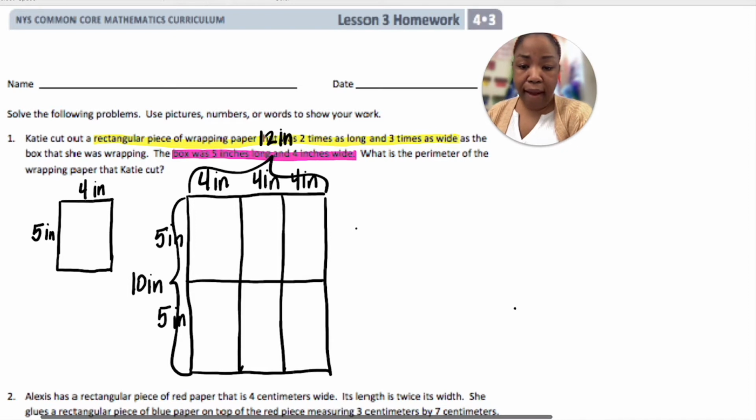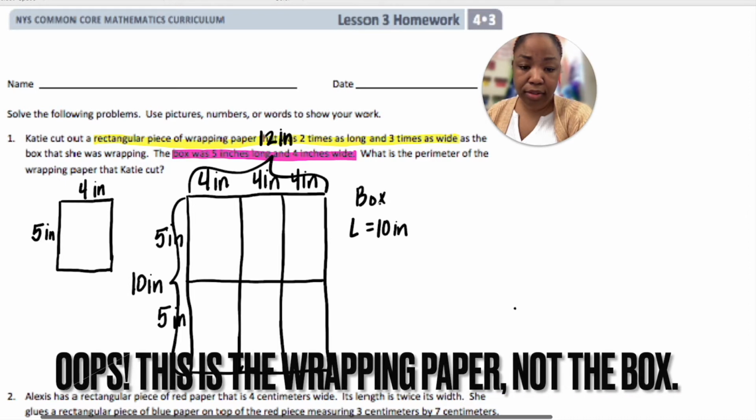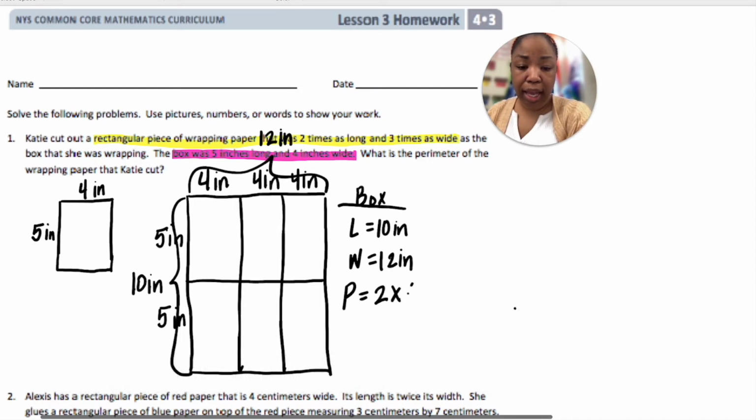So we have a length of 10 inches and a width of 12 inches. My mistake, everyone. This is the perimeter of the wrapping paper, not the box. So we're finding the perimeter of the wrapping paper.